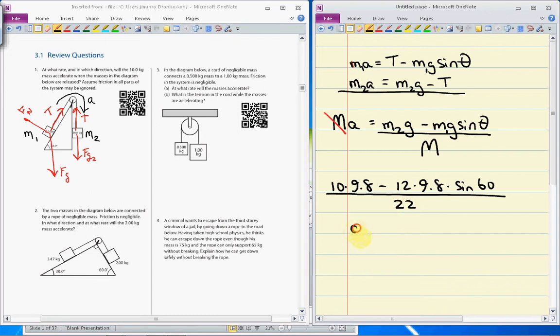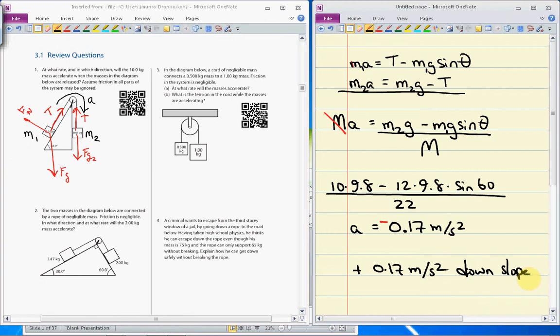You will end up getting A is equal to 0.17 meters per second squared, but it will be negative. So the fact that it's negative tells me that it's actually the opposite of what I assumed. So it is positive 0.17 meters per second squared down the slope.